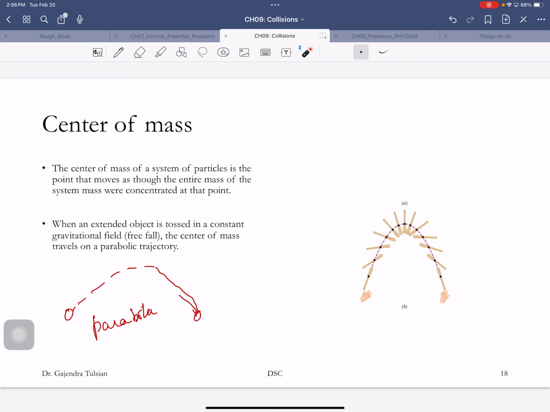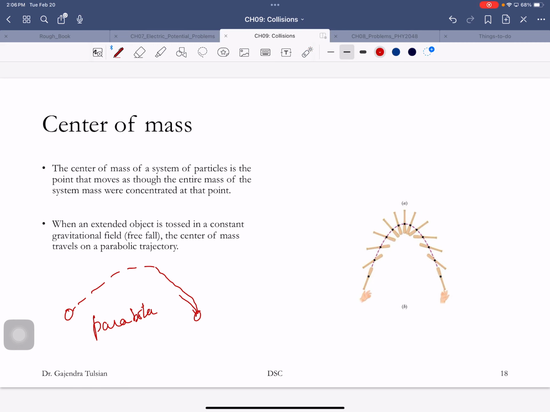And so we'll calculate the center of mass if you toss that object. If you do a somersault, for instance, no part of your body will go on a parabolic trajectory except for your center of mass. Now we'll show you how to calculate the center of mass.